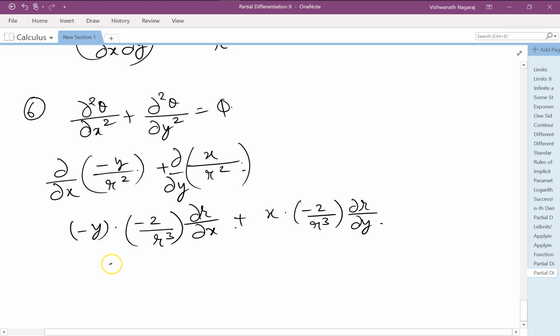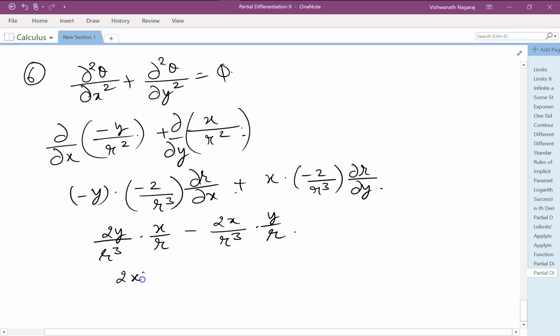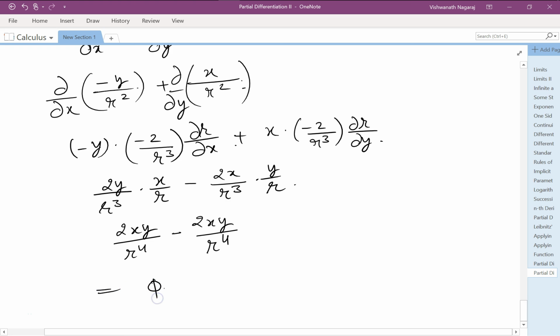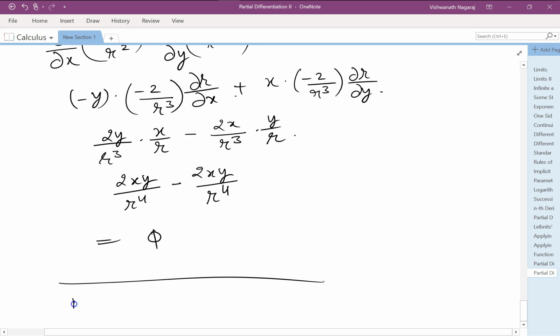Now let's simplify this. 2y by r cube times x by r, minus 2x by r cube, now dou r by dou y is y by r. So this becomes 2xy by r4 minus 2xy by r4, and this is equal to 0. I think that's enough for today. Bye for now.